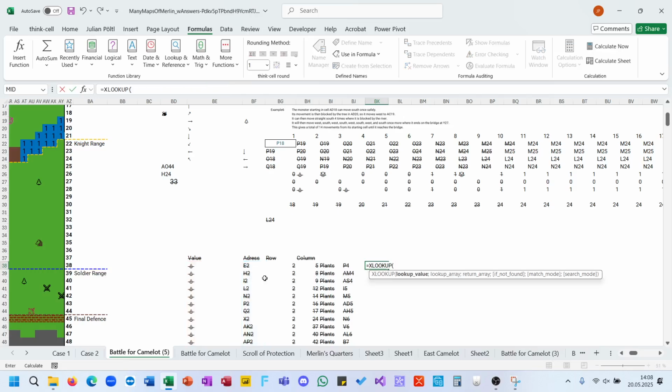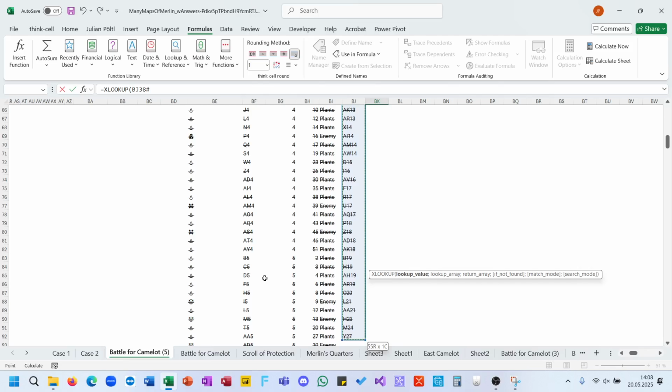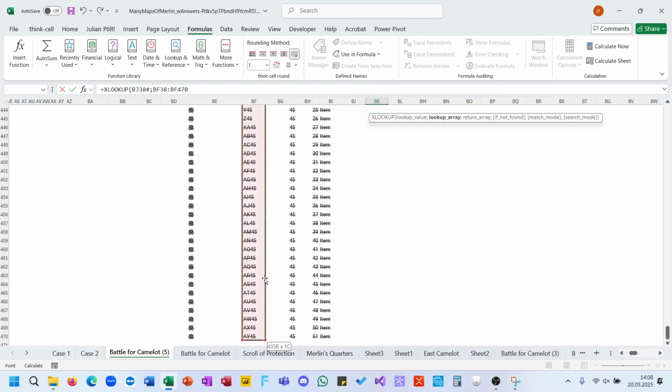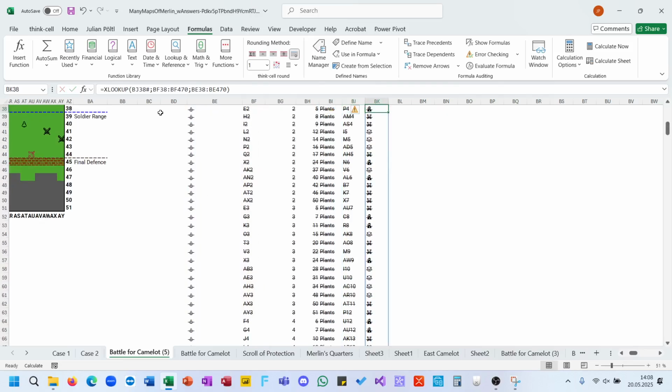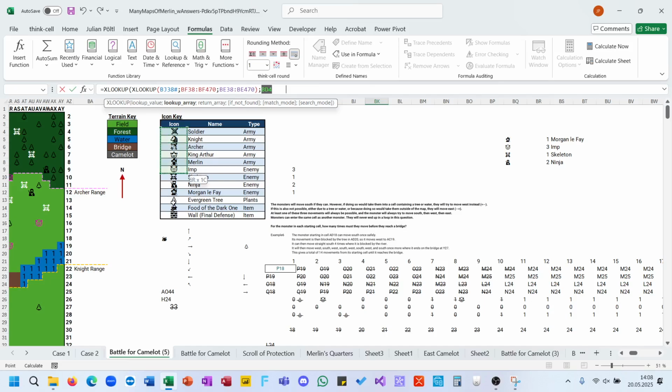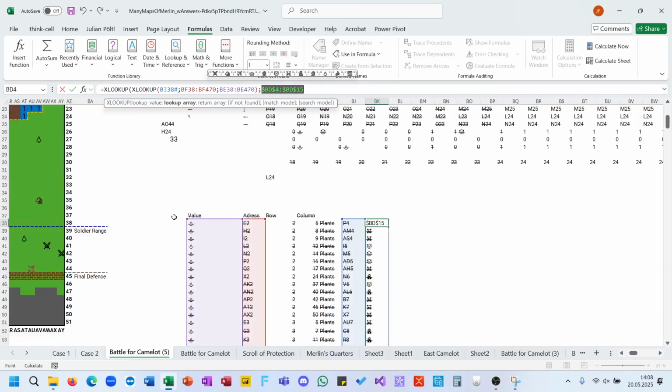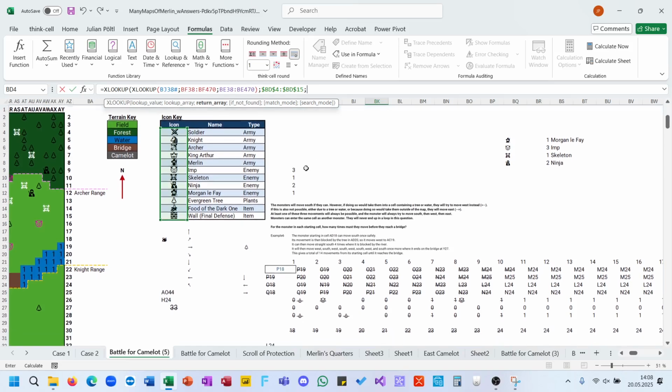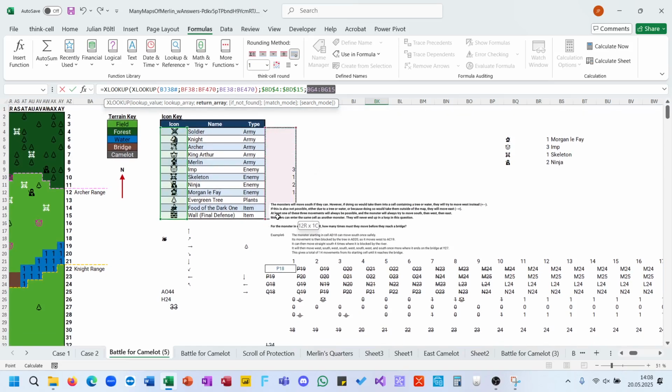Okay, xlookup this in here, returning the symbol, which I then look up in here, returning, I don't need absolute references, but anyways, returning the speed.